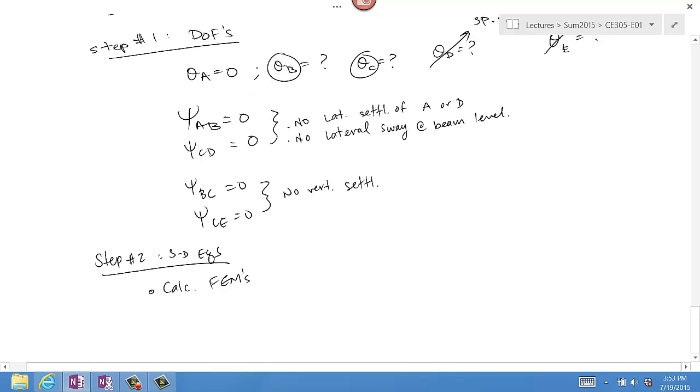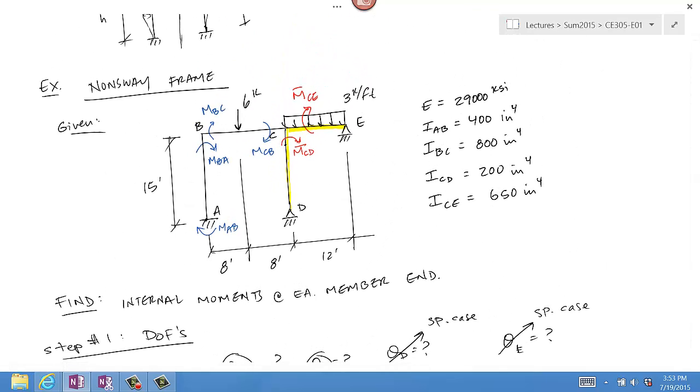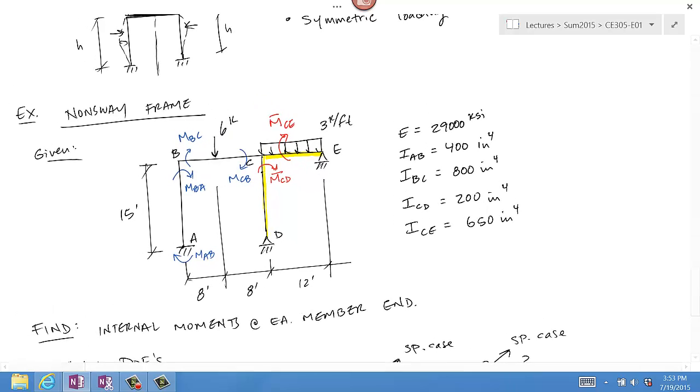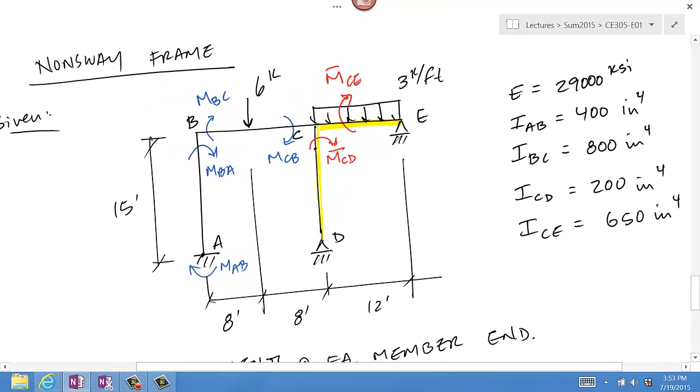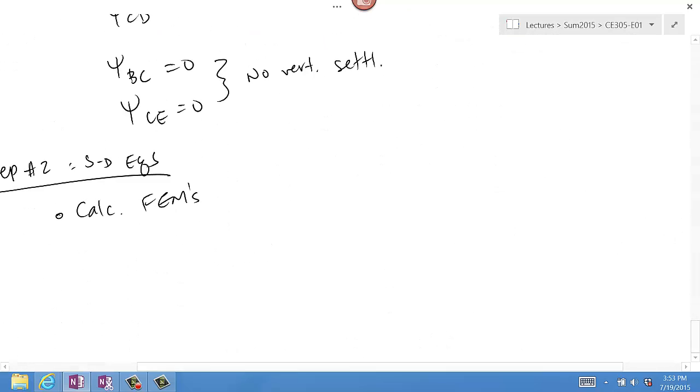From the previous example, you probably remember that you only consider fixed end moments for spans that have loading within the span. So for example, span AB will have no fixed end moments, or the FEMs are 0. You're going to have FEMs for BC, CB, and CE bar, only the loaded spans. So let me write that down for you.